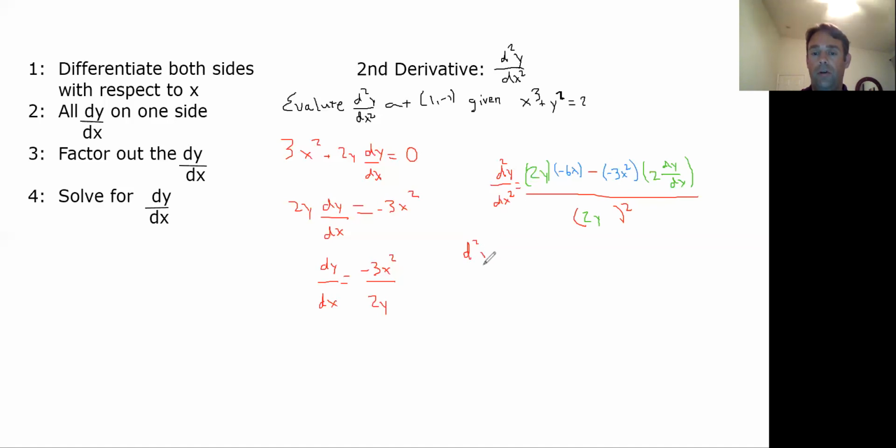I don't necessarily know it's going to be too terribly pretty. So we end up with 2y times negative 6x. I'm going to go ahead and clean it up a little bit like this, since I am going to have to plug some numbers in. Plus 3x squared times 2, so that'd be plus 6x squared.